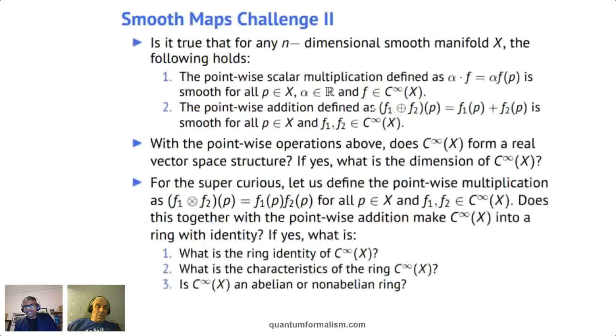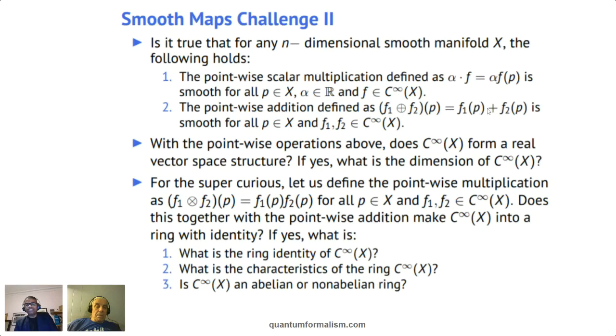I'm using this symbol here because it's just a symbol. Don't confuse it with other things we went through, like direct sums. View it just as a formal symbol; I could have used another symbol, but I decided to use this. So F1 plus F2 at P is defined as F1 of P plus F2 of P. So this addition also happens in R, just to be clear.